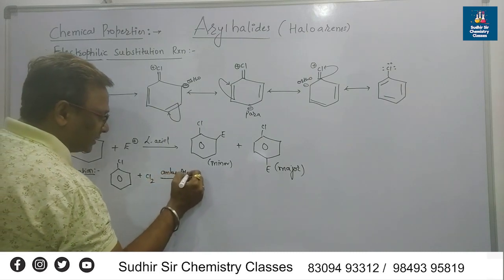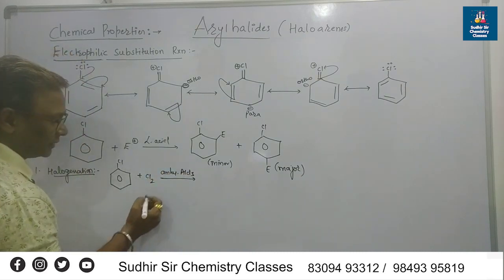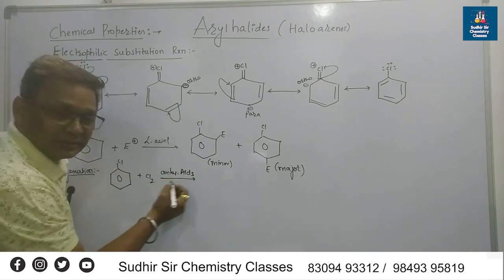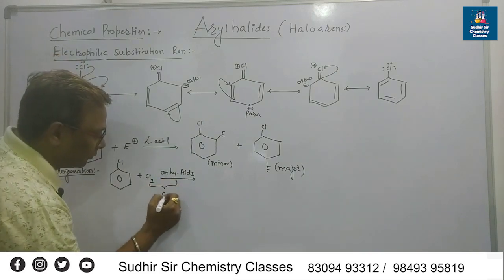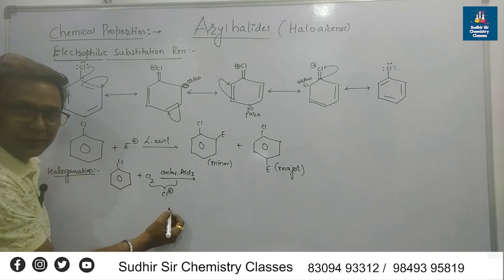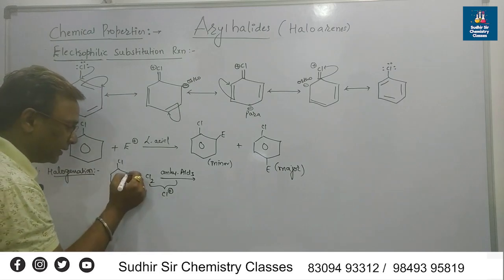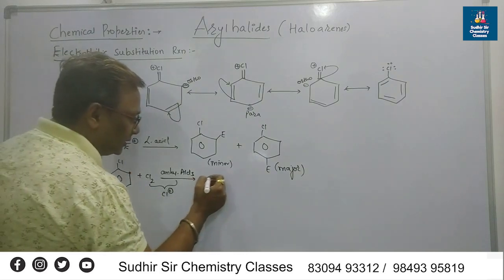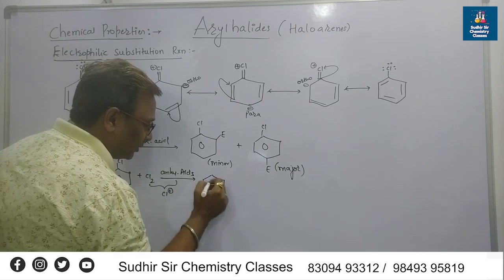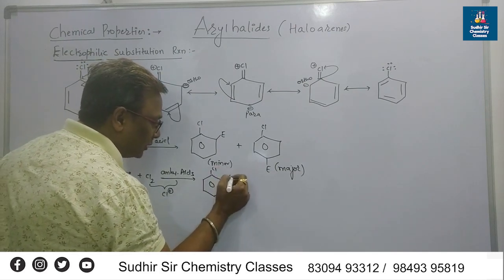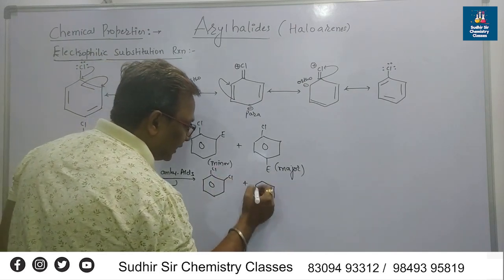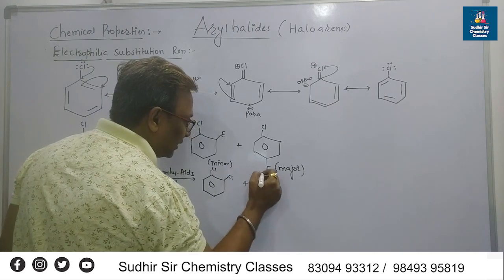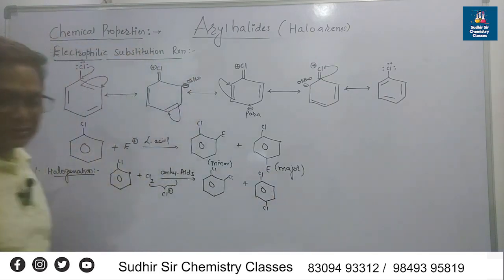What is the Lewis acid? We can use anhydrous AlCl3. This anhydrous AlCl3 and Cl2 will form the electrophile Cl plus, which can attack either at the ortho or at the para. So I am getting one of the products as ortho dichlorobenzene and one more as para dichlorobenzene. Is it clear?